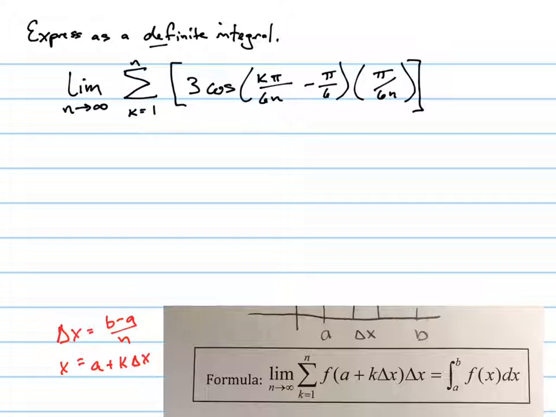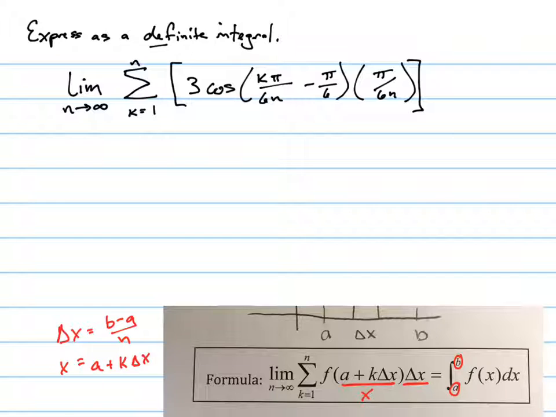So I want to express this Riemann sum limit as a definite integral without evaluating it. And here are my little formulas down here. So this is my x, and my change in x is b minus a over n.